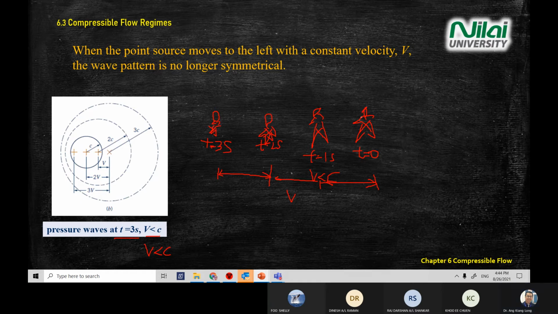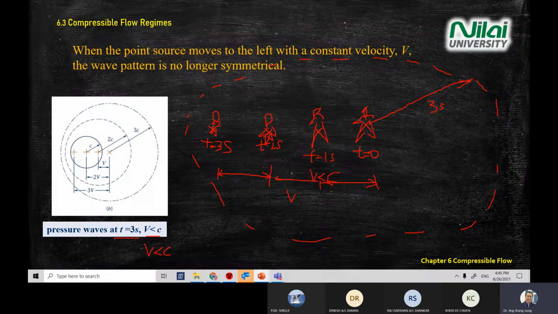At t equals 0 here, when you ping, you will get the big circle outside, right here. After 3 seconds, the wave will reach the outermost distance.